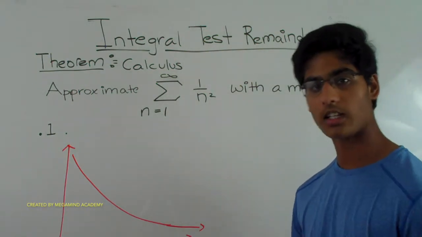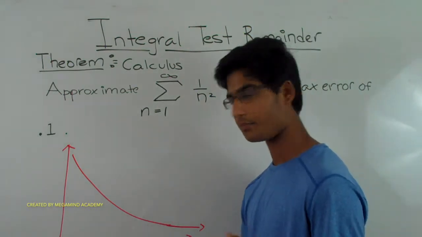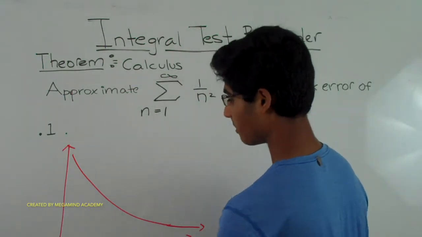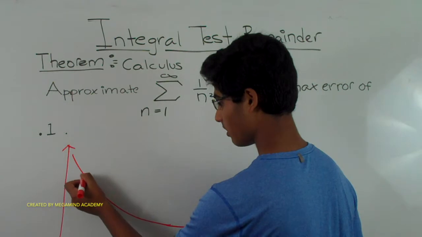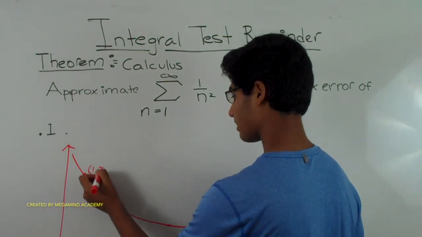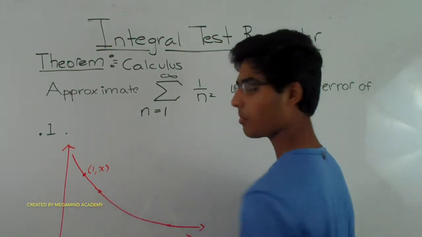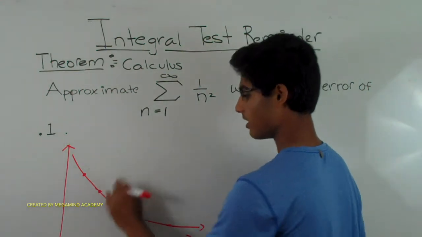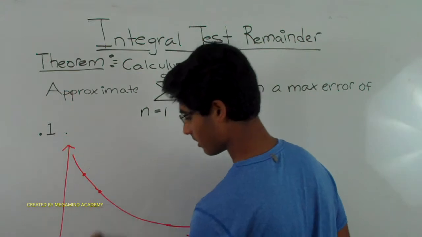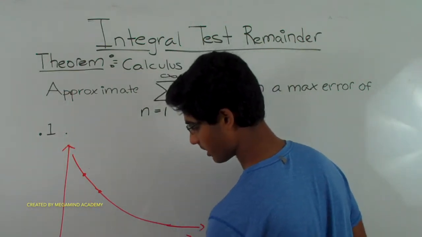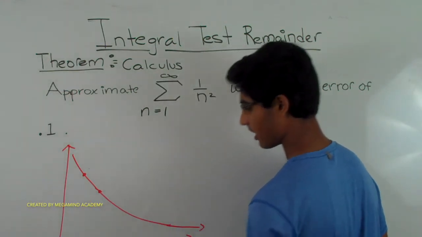Before we get started, let's first understand what we want to find. Well, we want to find the sum when n equals 1, so 1 comma x, the sum when it's 2. So this is 1, this is 2, this is 3, let's say 4, dot dot dot.